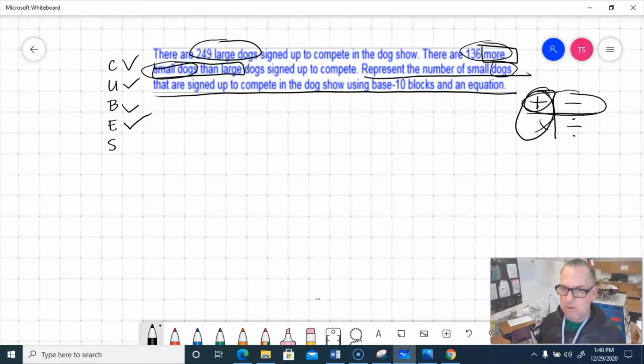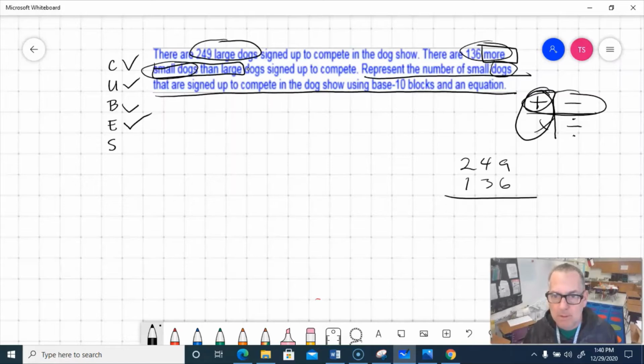So I'm going to write an equation, 249 plus 136. And I'm going to use base 10 blocks to model it, or draw a picture using base 10 blocks.